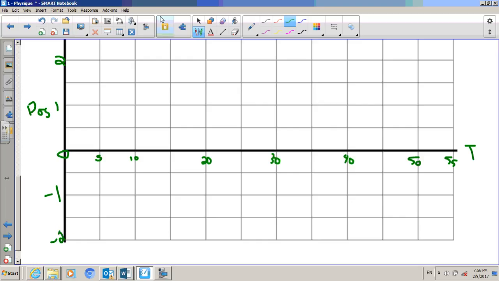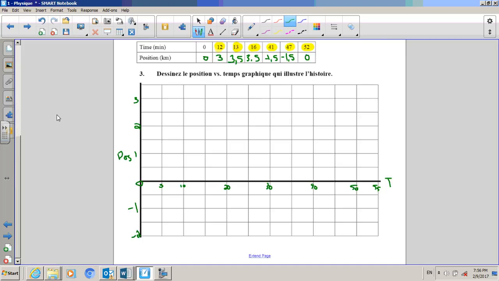Alright. Maintenant, on va placer les points qui sont dans notre tableau. So, 0, 0 serait le premier point. Le deuxième point, 12 et 3. So, 12 n'est pas sur une bonne intersection, alors il faut estimer un peu. 13 et 3,5. 16 et 3,5. 41 est à négative 1,5.